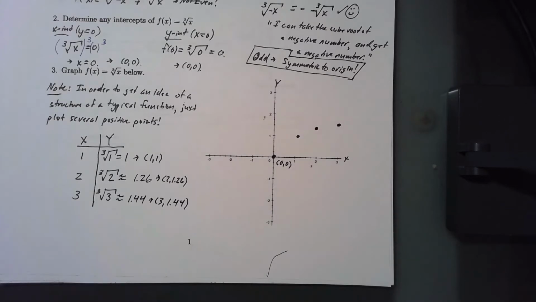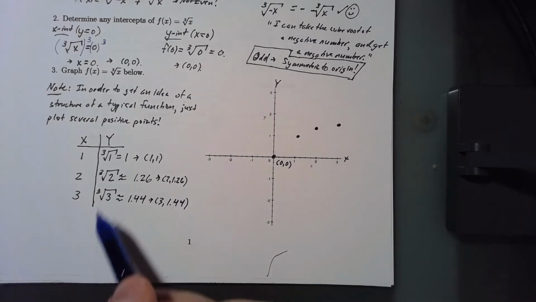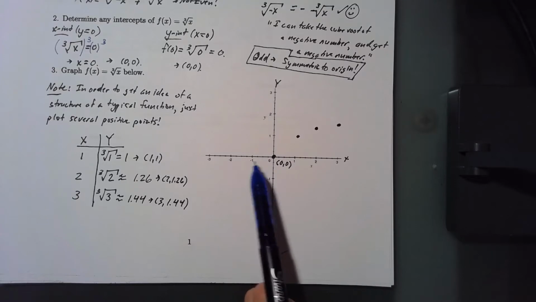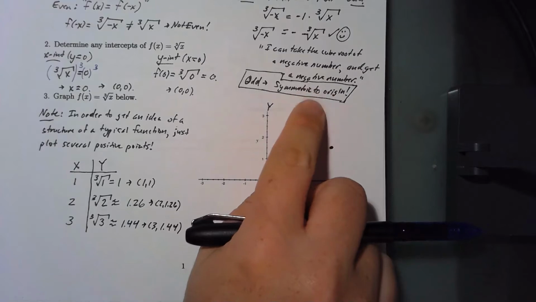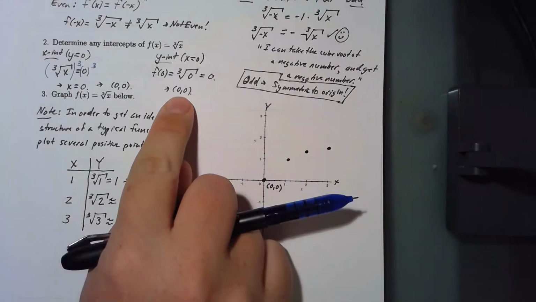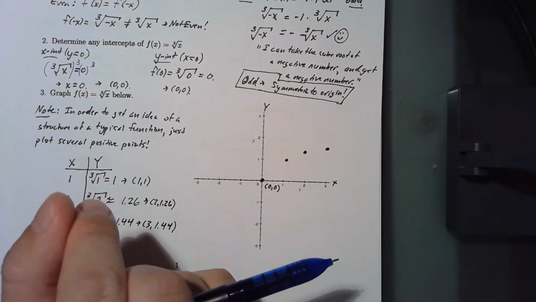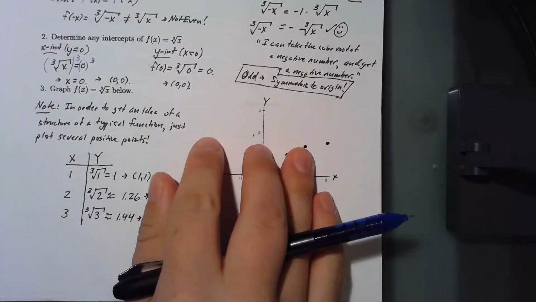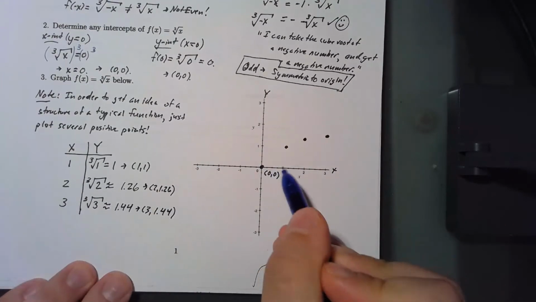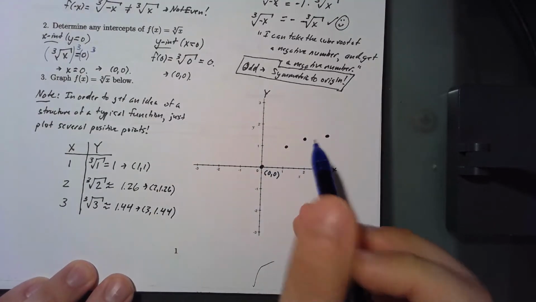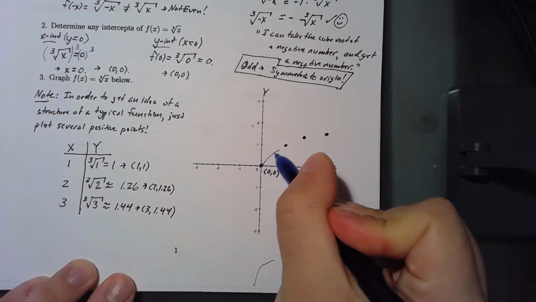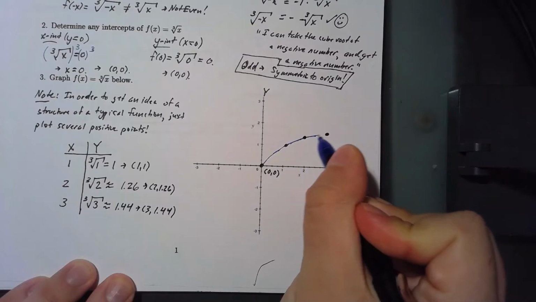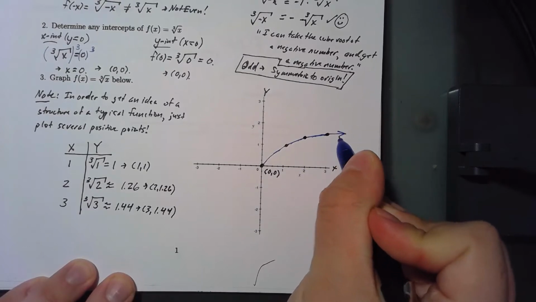Now I could keep plotting points for negative x, but I don't need to do that. I could use the symmetry and any intercepts I found to speed up the process. Just by plotting these points, I could see my graph is kind of doing a little curve here, which is the basic structure of the cube root of x.